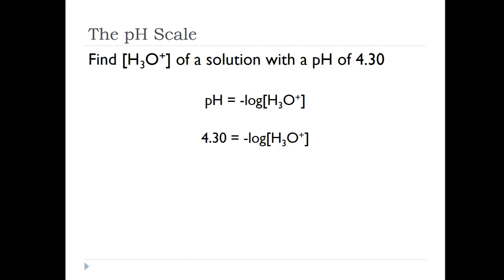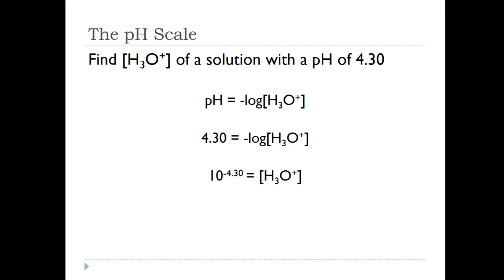So I'm going to divide both sides by -1, and then do the inverse of log, which, the inverse of base 10 log is 10 to the power of. So I divided both sides by -1, making it -4.30 equals log of hydronium, and then take 10 to the power of both sides. So now I need to plug into my calculator 10 to the power of -4.30. And that will give me my molarity of the hydronium ion.